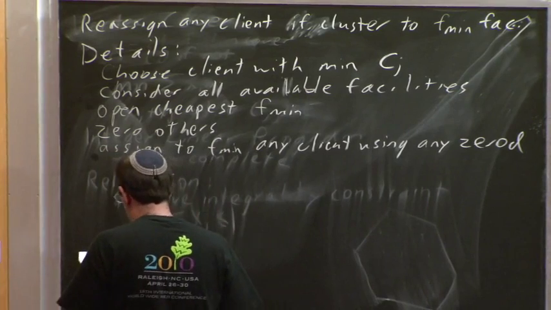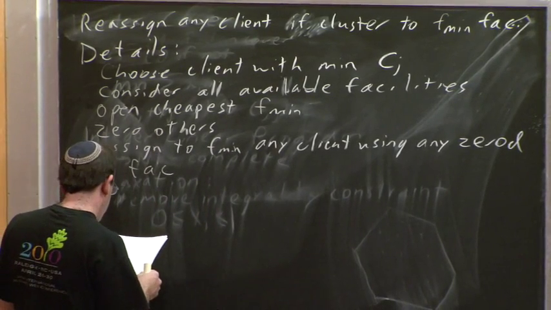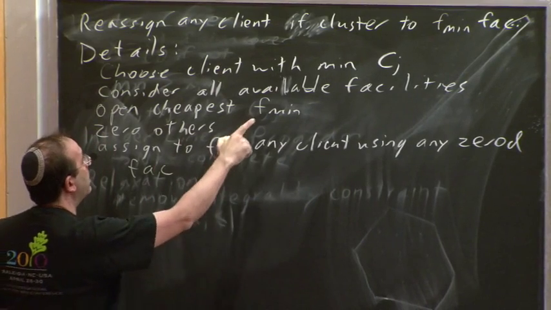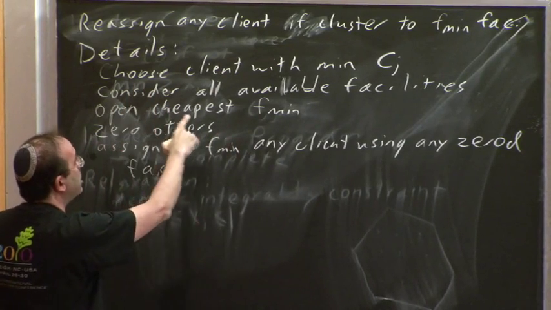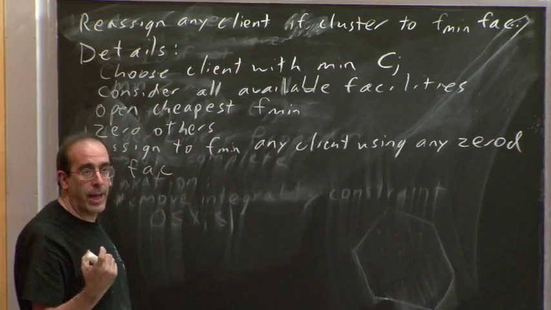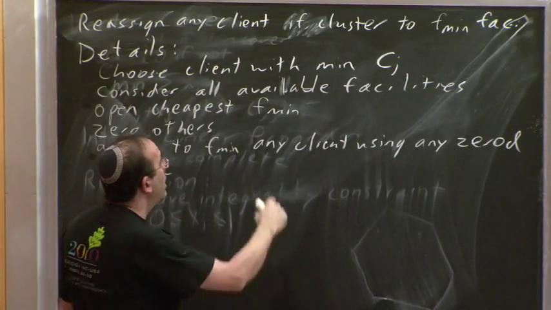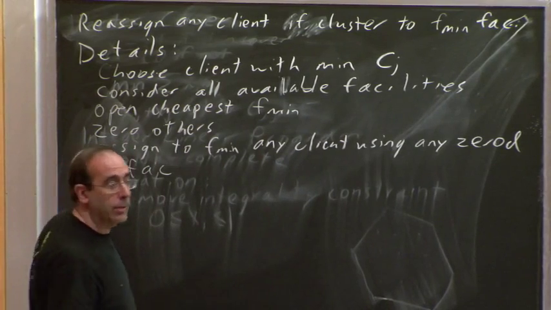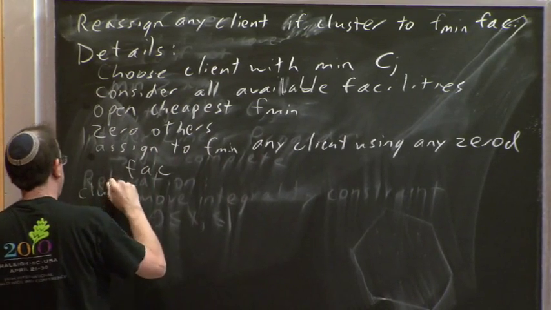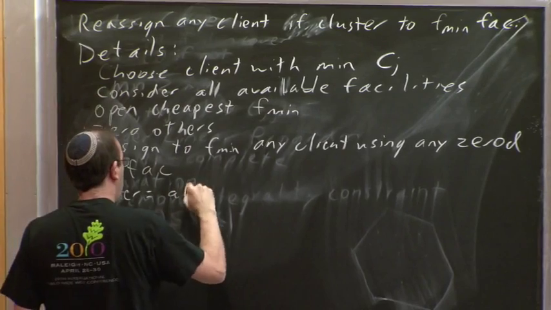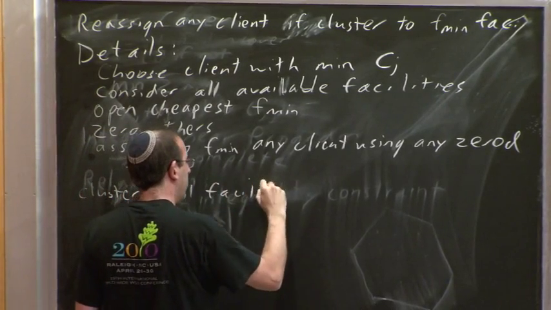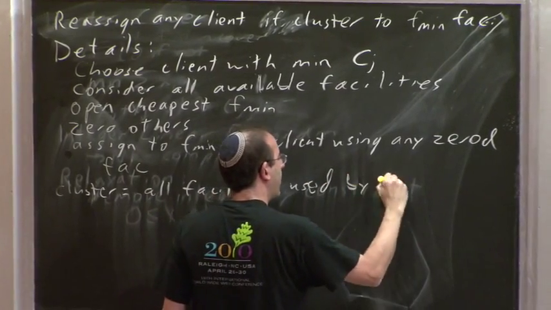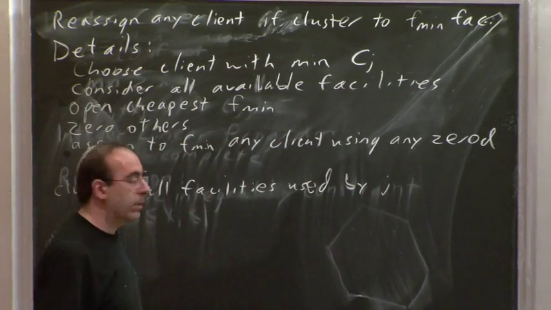So what can we say? Well, first of all, notice that we looked at the cheapest. So the cluster that we're looking at, where we're choosing to open a facility, is the cluster of all the facilities used by client j. Okay.